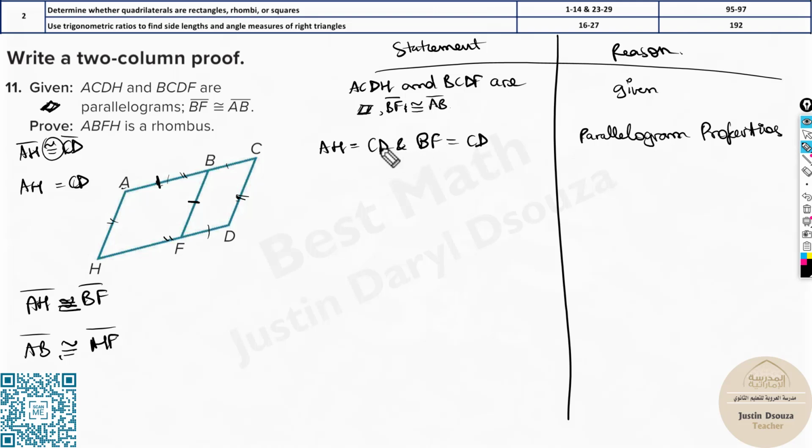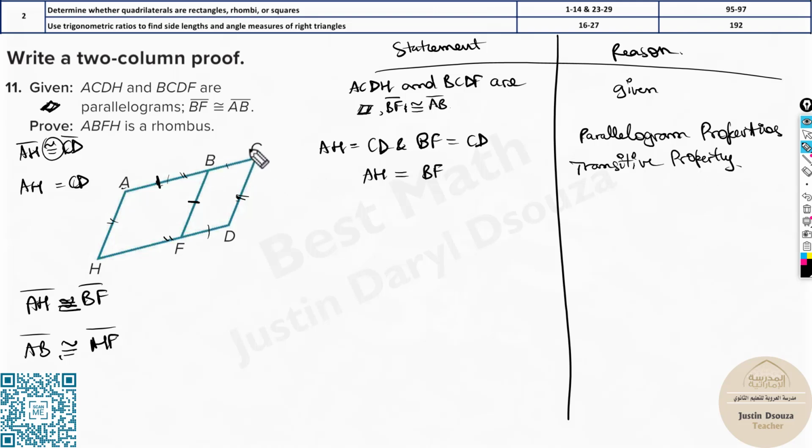Here CD and CD both are there. So from the transitive property we can write AH is equal to BF. Why? Transitive property. If A is equal to B and B is equal to C, then A and C must be equal, right? If this is pi, this is also pi, so pi and pi. Transitive property.